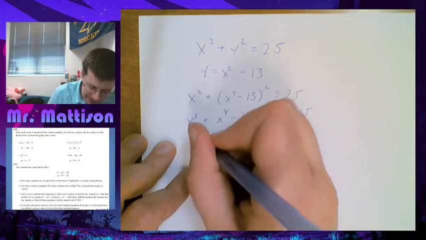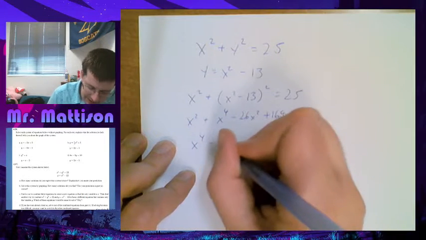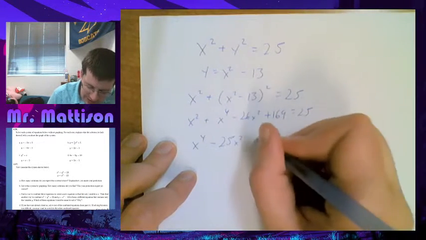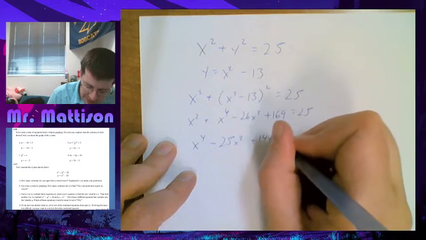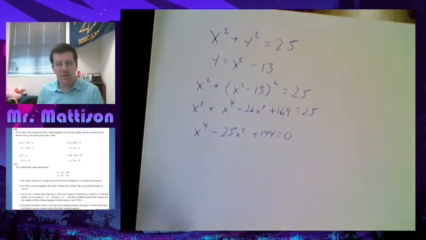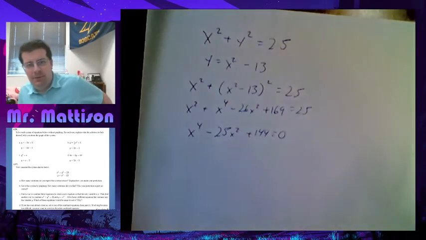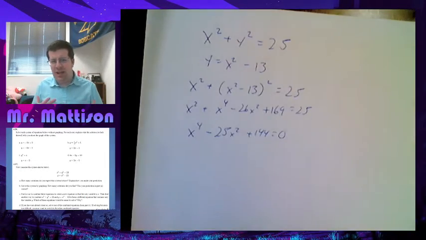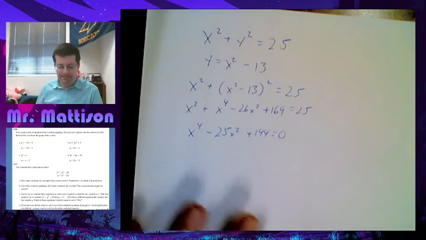Combine some of my terms, I get x to the fourth minus 25x squared plus 144 equals 0. Which is solvable, but it's really nasty because now we have x to the fourth power, and as a class, we really haven't learned how to deal with that yet. We will in the future, but just not quite yet.